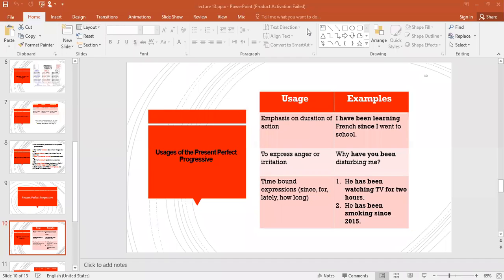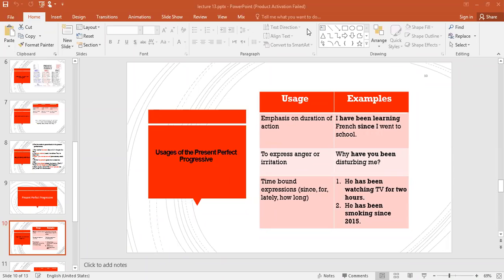By anger or irritation we mean when someone tries to show you that he is angry, irritated or annoyed about something. Let's see the example. Read it, please. Why have you been disturbing me? So I'm showing that I'm angry, I'm upset, I'm irritated. The last one, Ghadi, please.